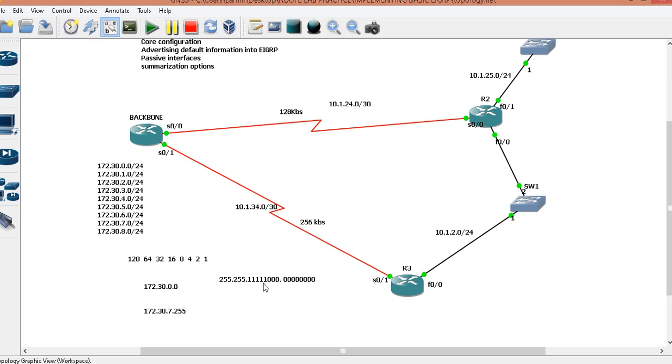Then we get the network mask here. It's going to be 128 plus 64, that's 192, plus 32, that's 224, plus 16, that's 240, plus 8 is 248. So the third octet is 248, dot 0.